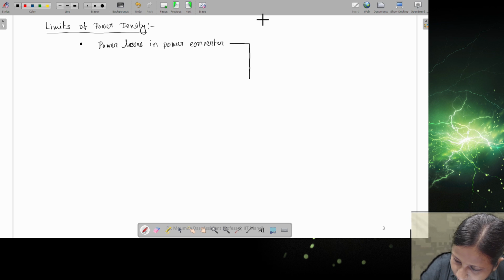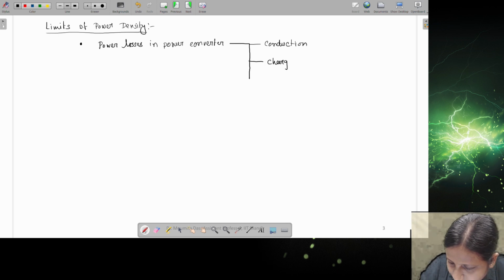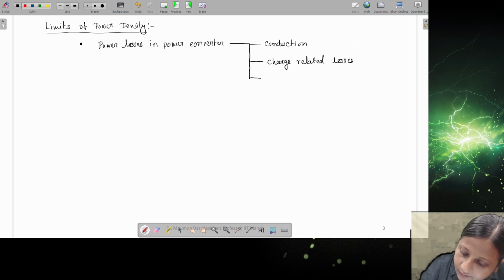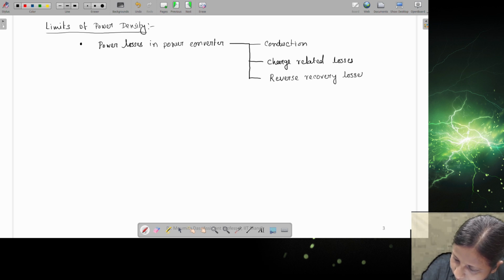These losses can be classified as conduction losses, charge related losses, reverse recovery losses, and turn on and turn off losses.